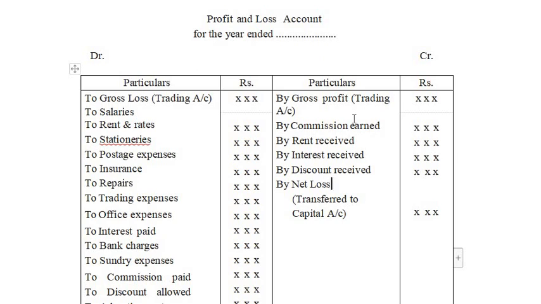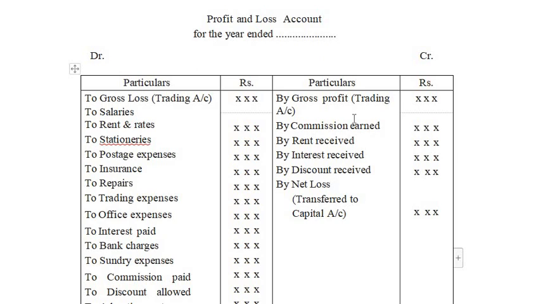Similarly, after writing all expenses and income, you have to total both sides, debit and credit. Whichever side has the higher total, you take that as the balancing value of the account. Then whichever side has a difference: if you get the difference on the right hand side, you can call it net loss.